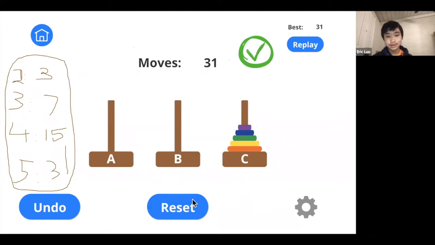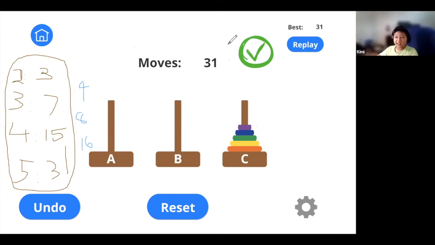Between 2 and 3, we have 4, because 7 minus 3 is 4, right? If we look between 3 and 4, it's 8. And between 4 and 5, it's 16. So now do you notice a pattern? Yes, the numbers double.